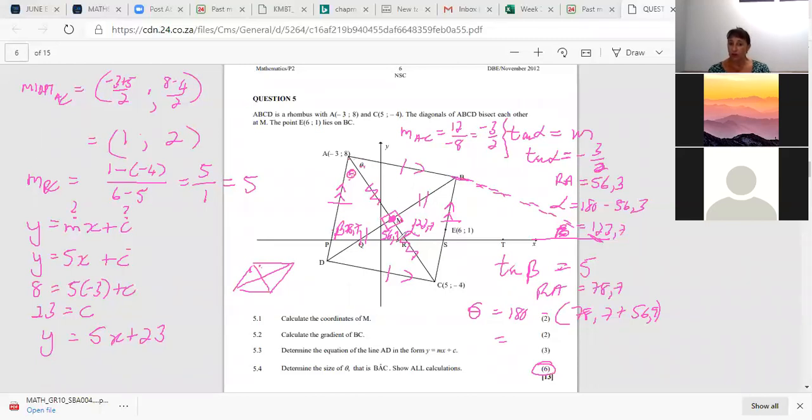If I could find those two angles using tan alpha equals m, then I could find that. How can I relate those two? Oh, it's a rhombus. So the two angles are equal. All right. So you've got to sometimes think in reverse as well and be creative. All right. Any questions there?